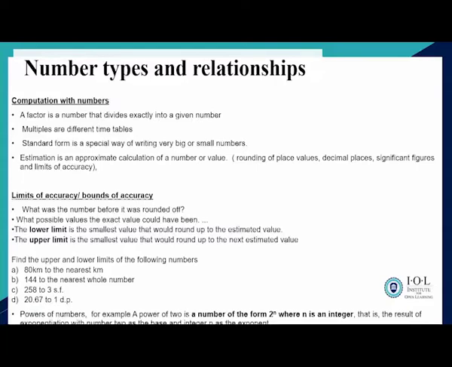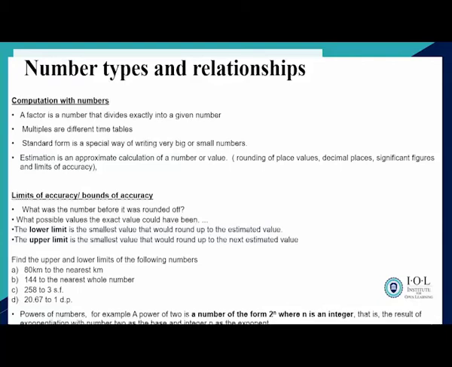Now we want to see which number was it before it became 90. That is where we talk about upper and lower limits. There are possible values. The exact value, before it became 90, could be 89, 87, 86, 85, any number that can round to 90.